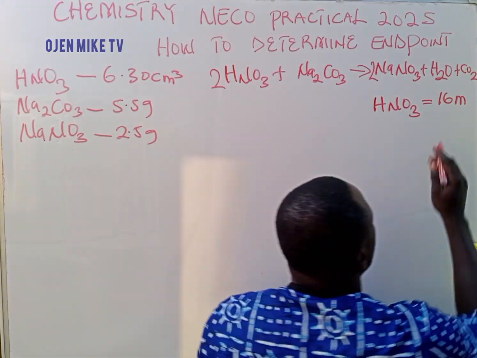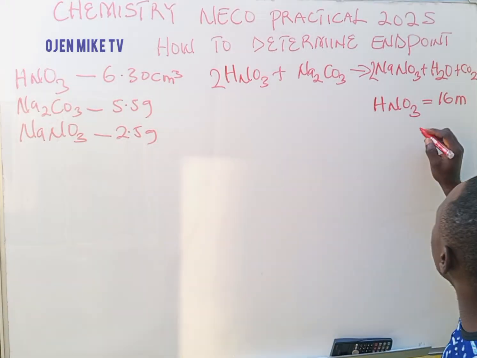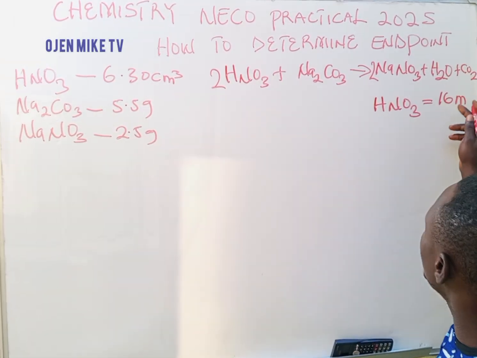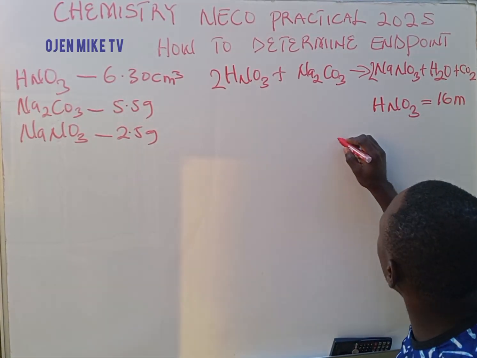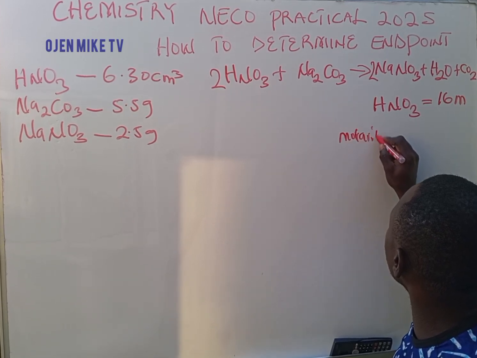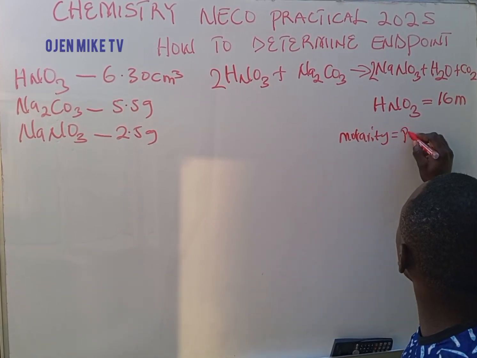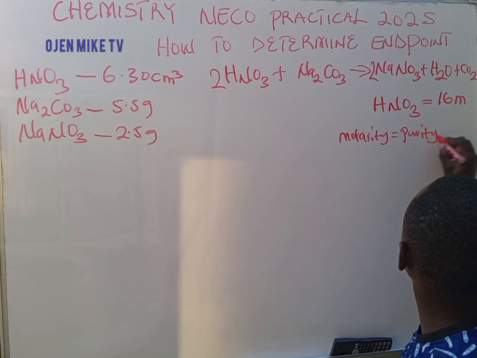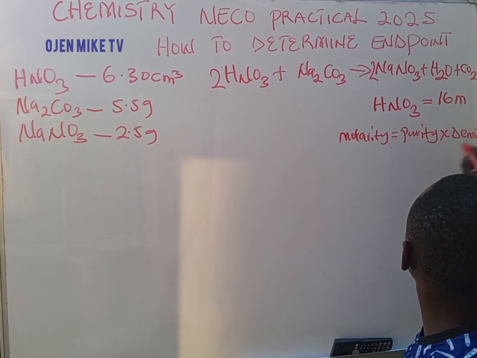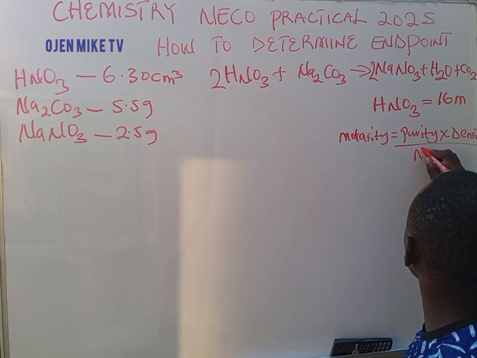For you to determine this 16, how we got it is: molarity is equal to purity times density all over molar mass.